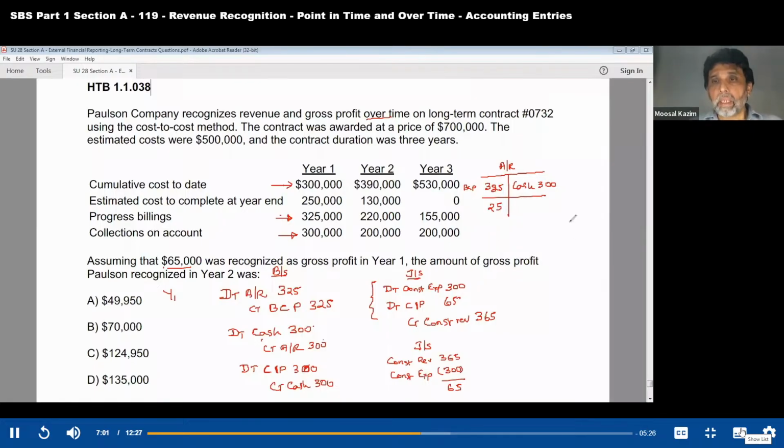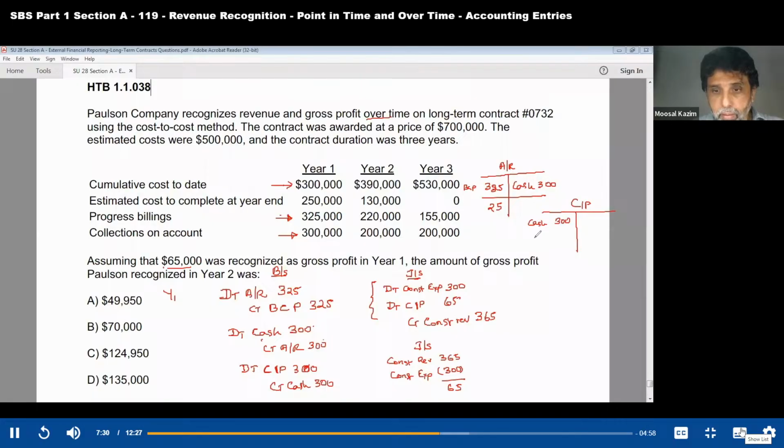Right? Now the CIP account, we will draw the CIP account here. CIP account, it got the first debit for the construction expense. So that is cash 300.